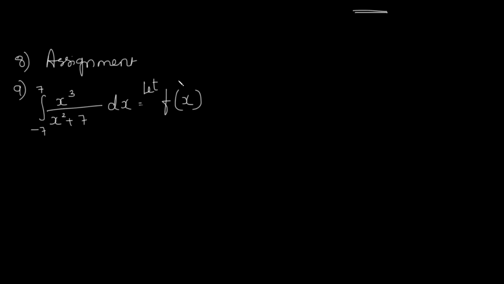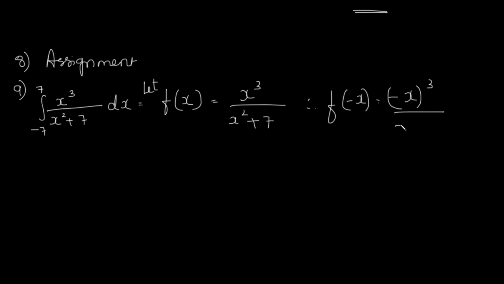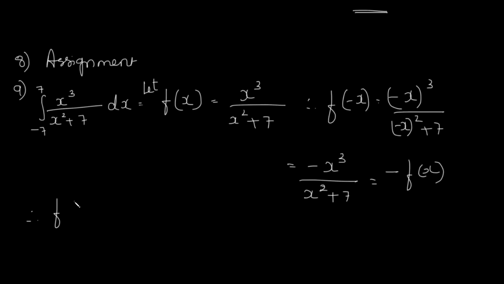Let f(x) is equal to x cube upon x square plus 7, and therefore f of minus x becomes minus x the whole cube upon minus x the whole square plus 7, which comes out as minus x cube upon x square plus 7, and this is the same as minus f of x. So we have f of minus x is equal to minus f(x), and therefore we say that f(x) is an odd function.